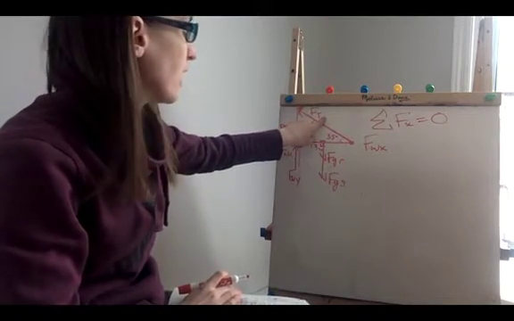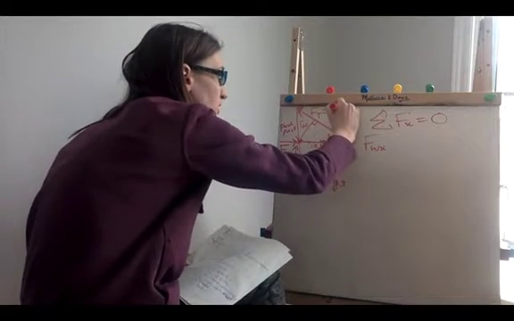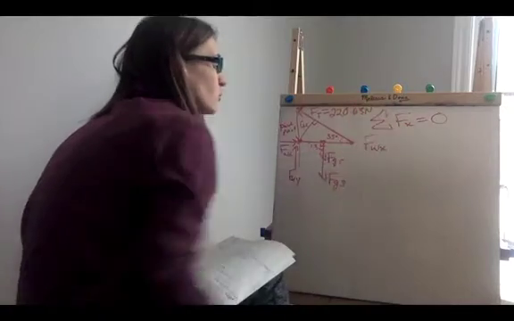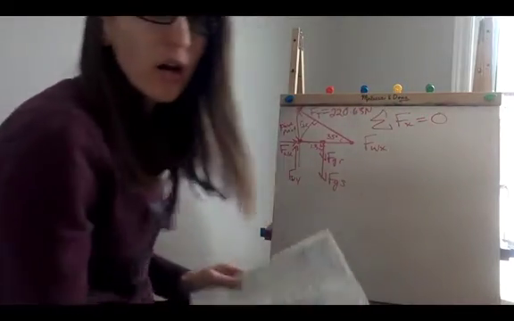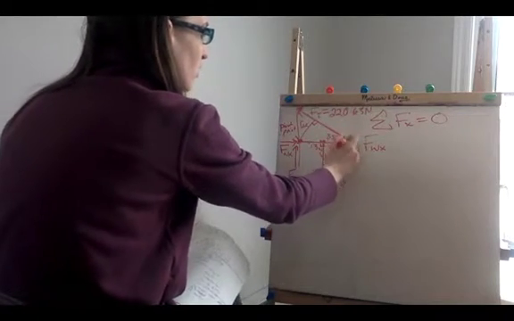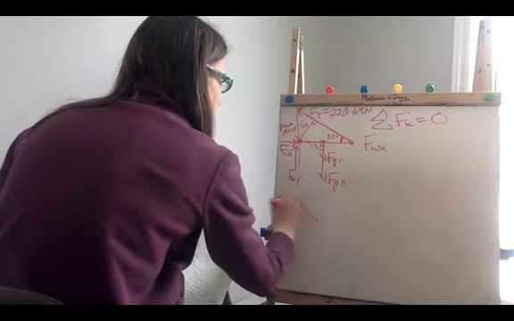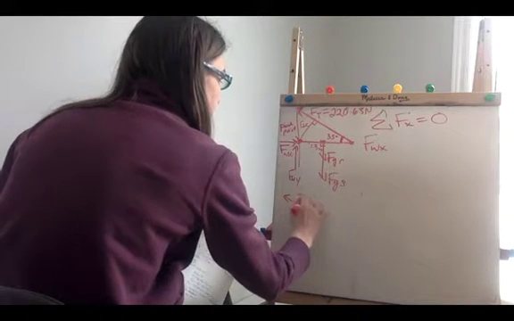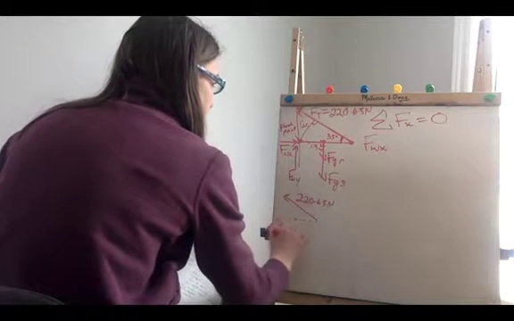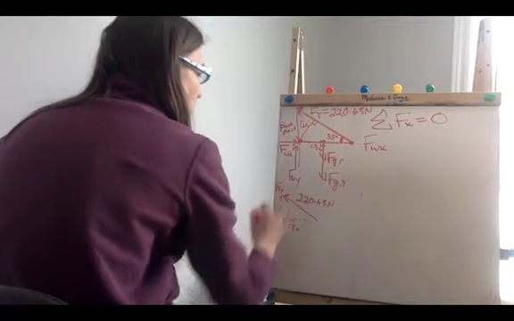Now, we calculated in part A that the force of tension was 220.63 newtons. I'm going back to its exact value to get a value there. And the x component there, using that 35-degree angle, is here. So if we think about this diagram, this being the force of tension of 220.63 newtons, you have force of tension in the x here, and then you've got your force of tension in the y.